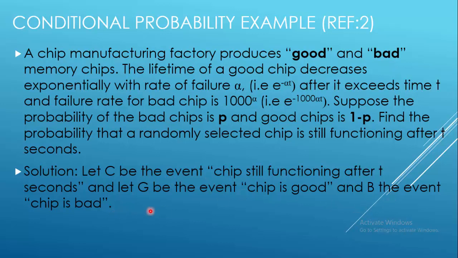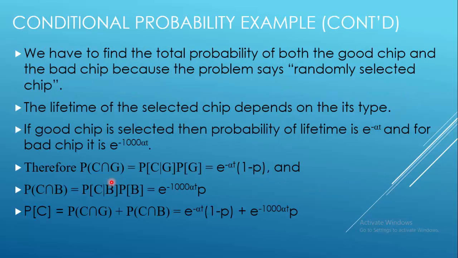So we have got three events: chip is good, that is event G; chip is bad, that is event B; and chip is still functioning after t seconds, that is event C. We have to find the total probability of both the good chip and the bad chip because the problem says randomly selected chip. The lifetime of the selected chip depends on its type. If good chip is selected, then the probability of lifetime is e minus alpha t, and for bad chip it is e minus 1000 alpha t.